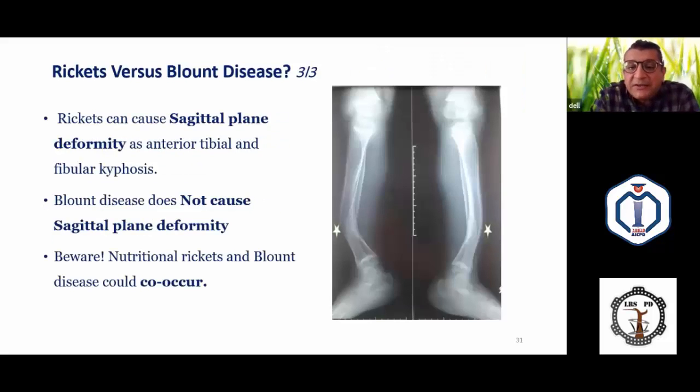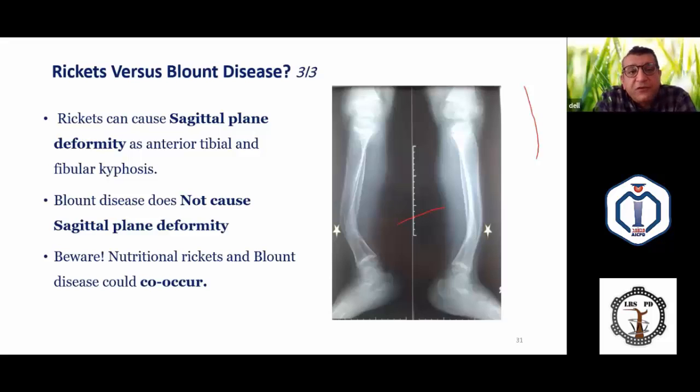Sagittal plane deformities, as we have said, can occur in rickets, especially away from the proximal tibia, in the distal tibia and fibula. So that is an indicator of rickets, and this does not classically occur with Blount.